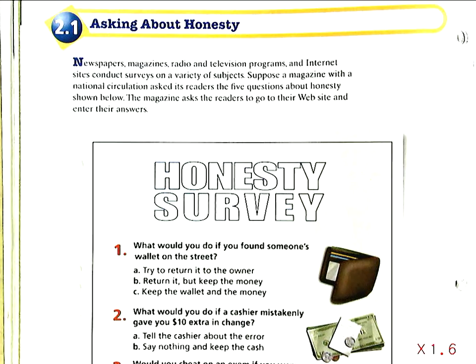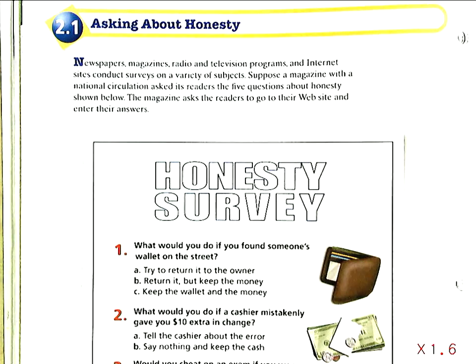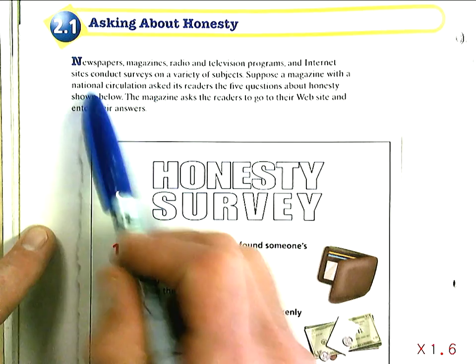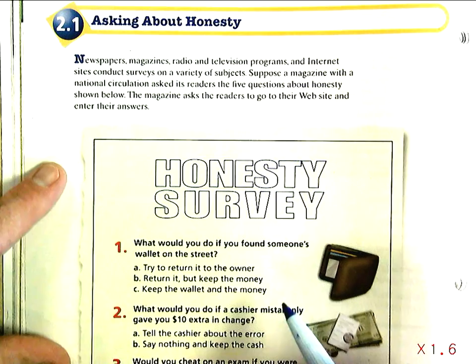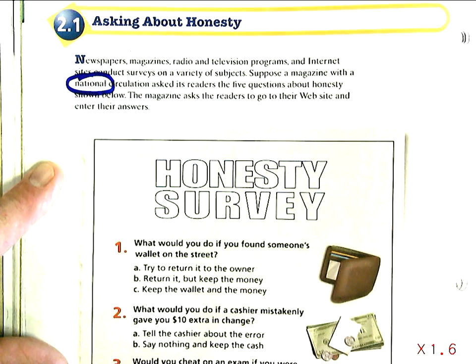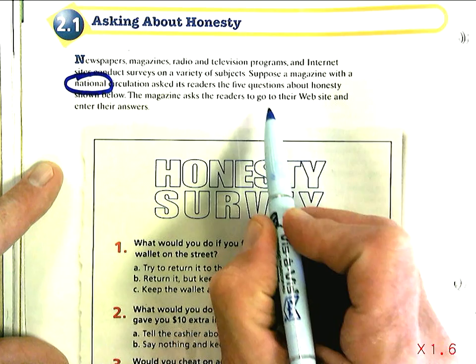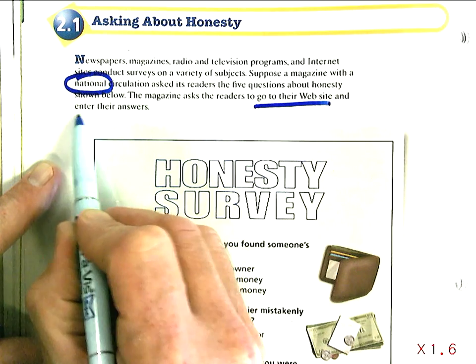And in this case, the information being gathered is the questions to the survey being answered. So we have a national circulation. Again, I'm going to remind us what's happening here. National circulation, there's our population. It's everybody in the United States. And they want them to go to the website to enter their answers.